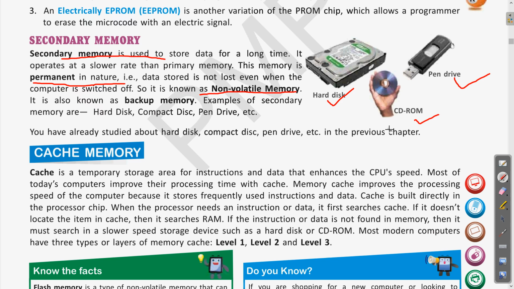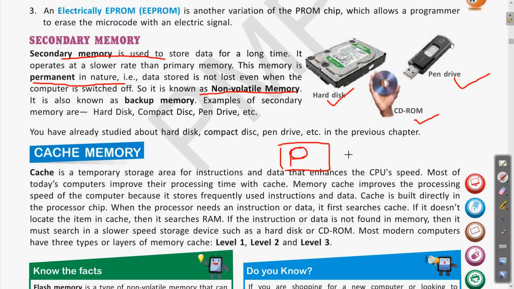Okay, so these are the primary memory, secondary memory, and the next is cache memory. So what is the cache memory? As I have told you, with the CPU, or the processor, both are the same, with the processor we have an attached memory.